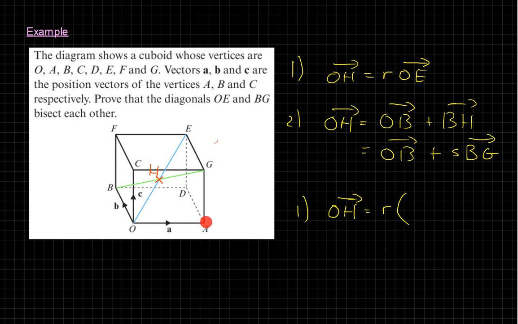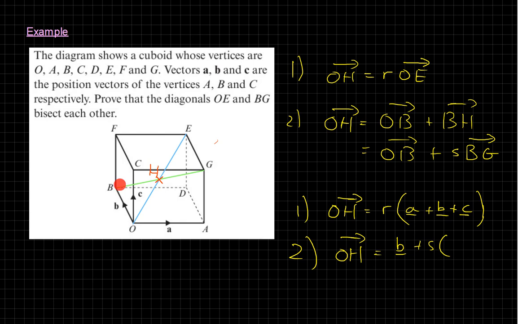This is little a, that's the same as little c, and that's the same as little b. Or I could go little c, little b, little a, it doesn't matter. The point is, if I add up those three little vectors, that's the same thing as going from big O to big E. And in the second case, we've got OB, which is little b, plus S lots of big B to big G.